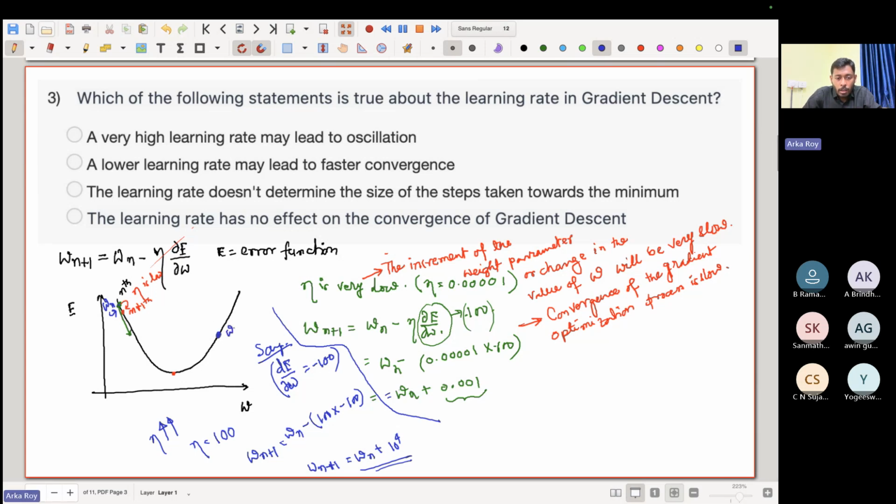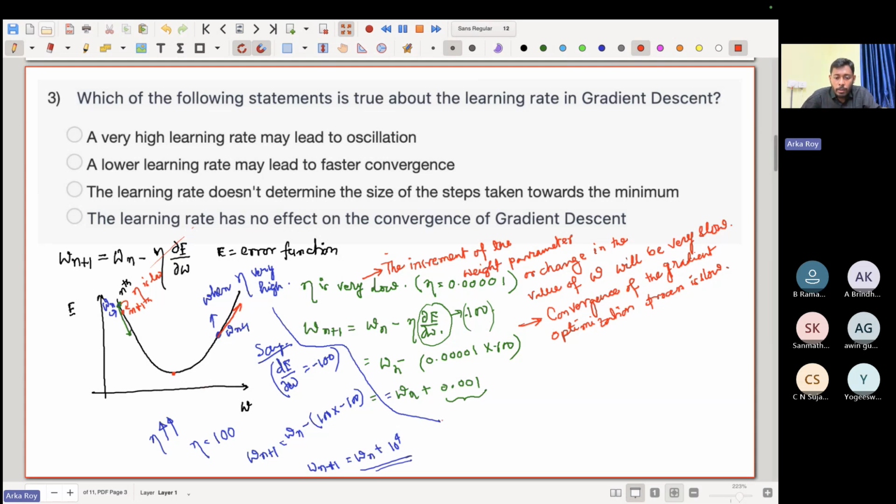So this is your Wn plus 1 when eta is very high. In this particular region, if you calculate the gradient at this point, you can see that the gradient is positive.